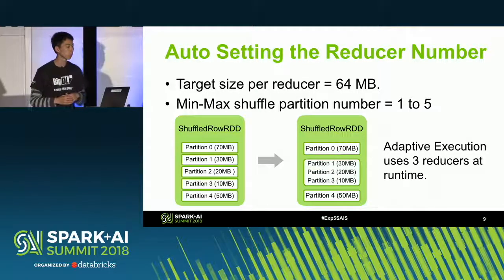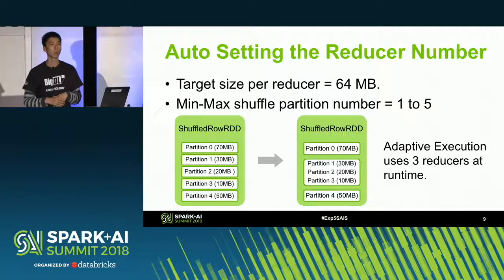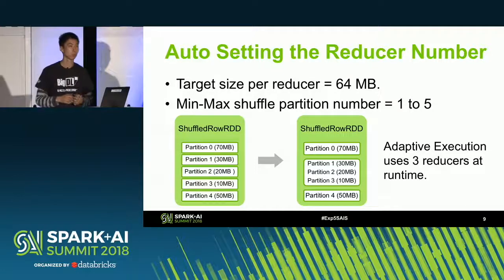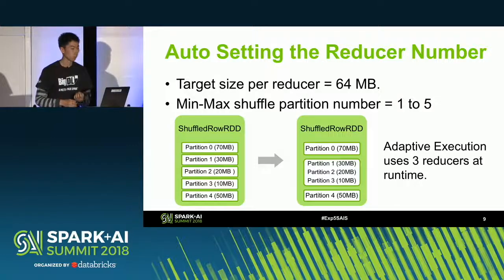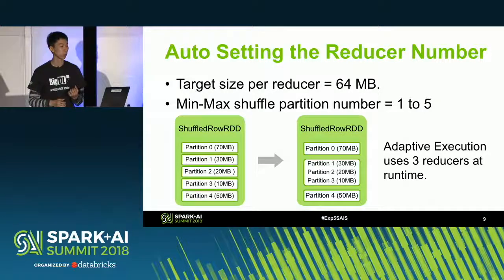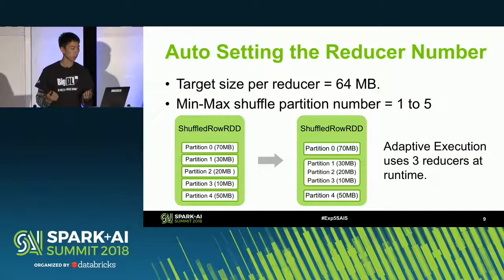Suppose the target size per reducer is 64 megabytes, and the shuffle partition number range is 1 to 5. At the beginning, we will use 5, the max shuffle partition number, as the initial number. So in this shuffle RDD, there will be 5 partitions, and we collect the statistics so we know the exact data size.